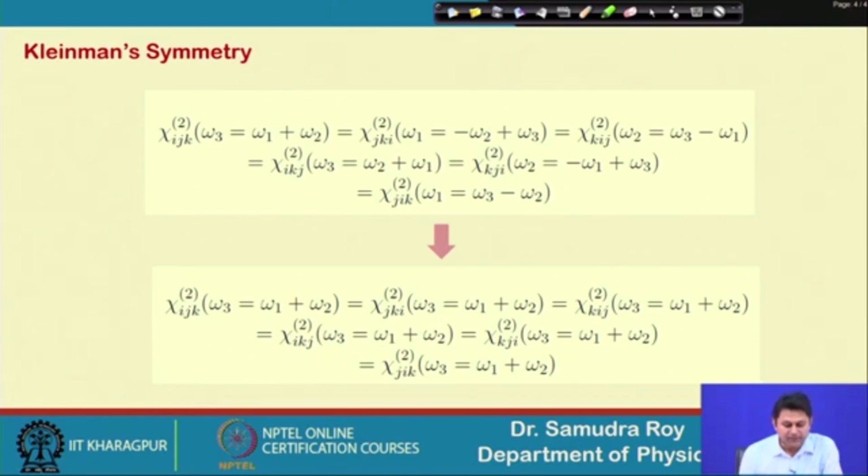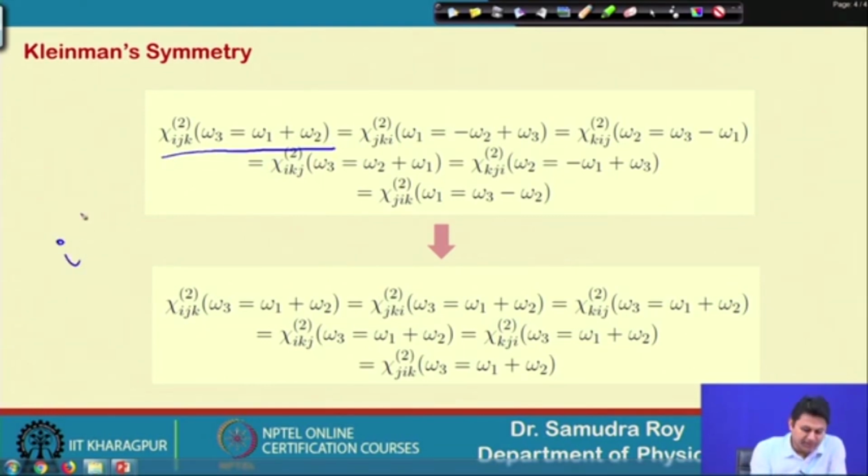Normally, when we find the susceptibility term, this susceptibility term is a function of frequency. So, here if I look at this transformation, then we can find one interesting thing, that when I find the susceptibility term chi_ijk, for example this one, where the ith component contains the omega 3 term, which is combined by the jth and kth terms.